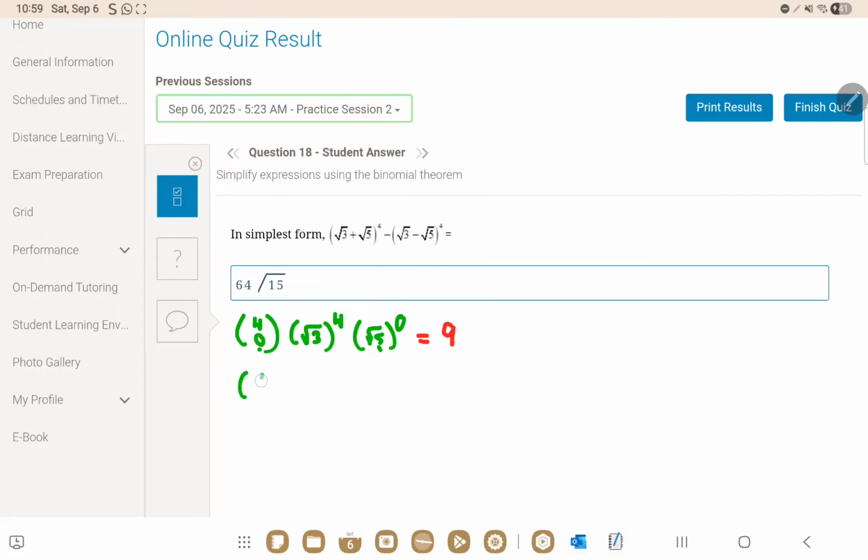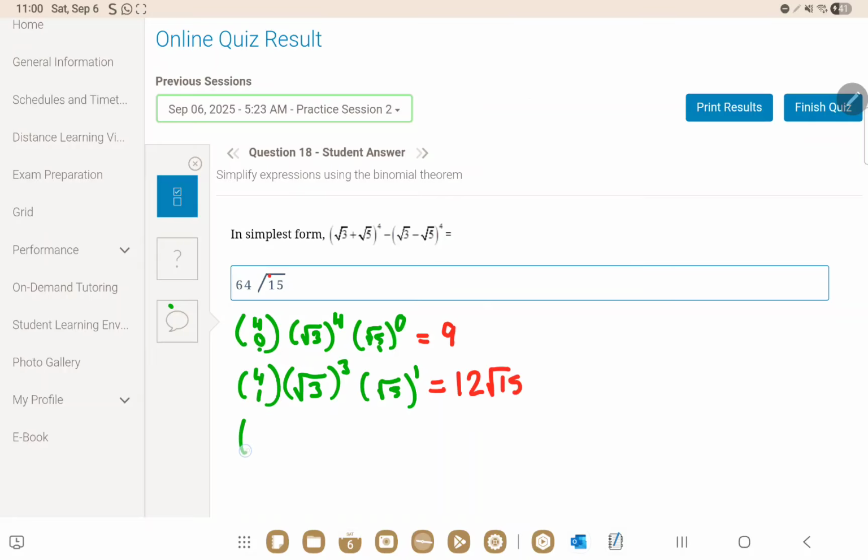Moving on to the next one, 4C1 into radical 3 power 3 into radical 5 power 1 equals, put it onto your calculator, you're going to get 12 radical 15.